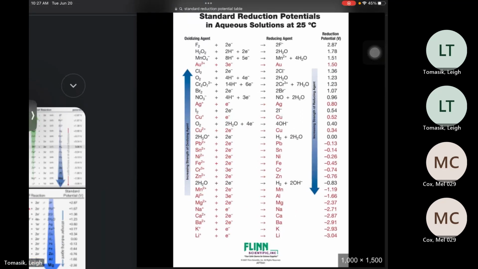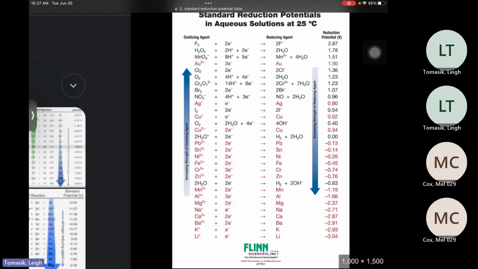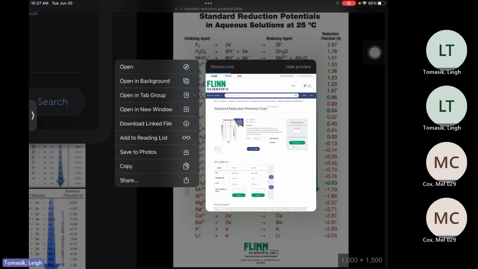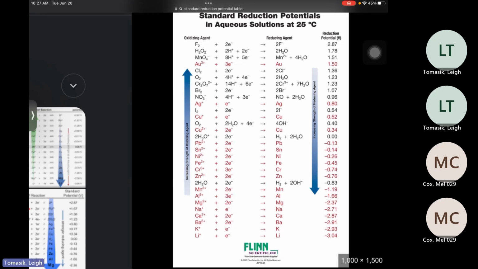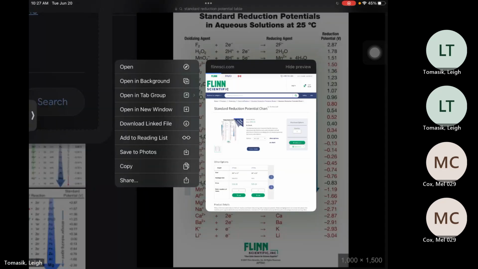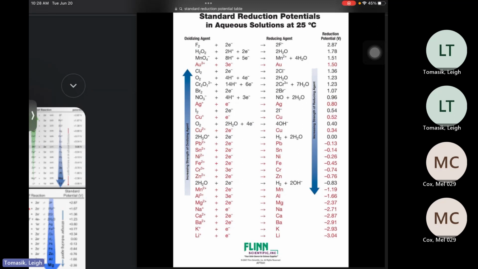This reminds me that I need to check your exam to make sure that things are going well. We used this chart last year. If we take a look, we can see tin is around the middle.